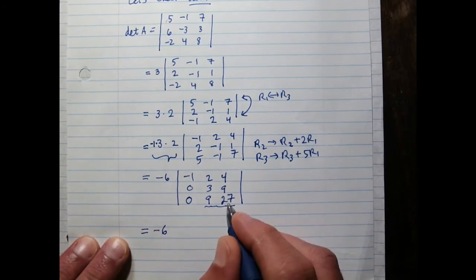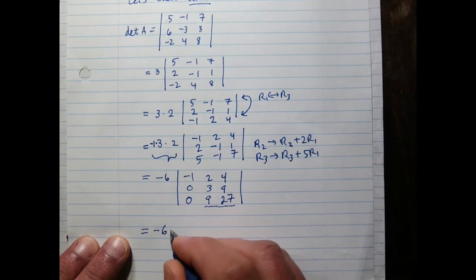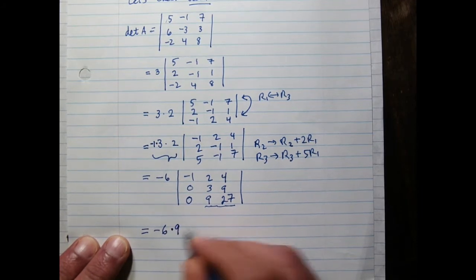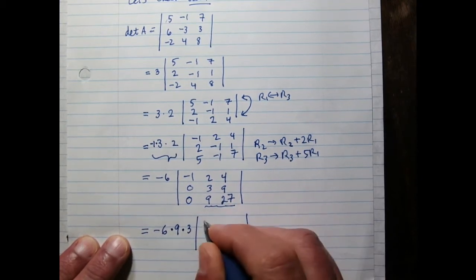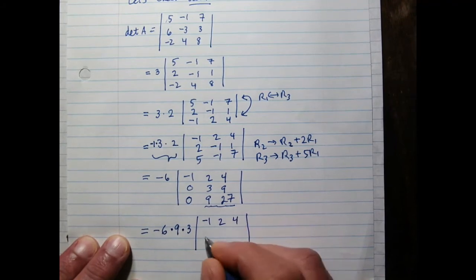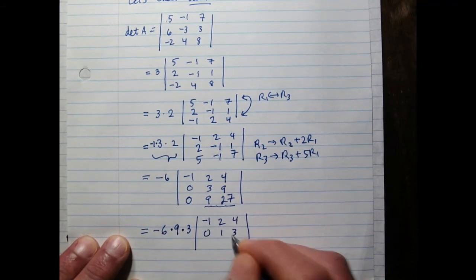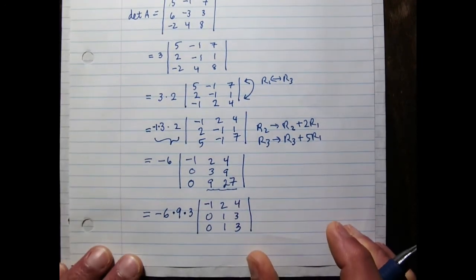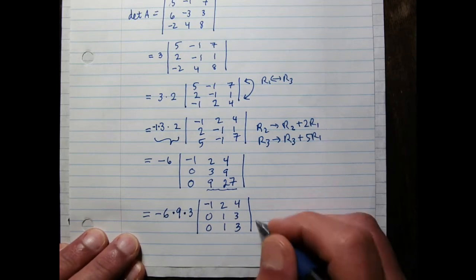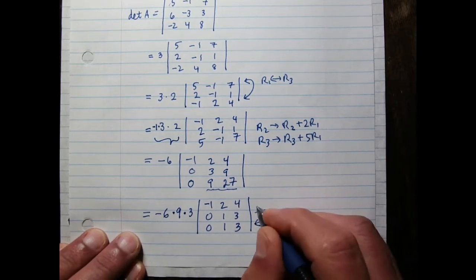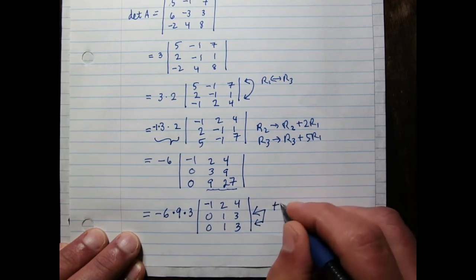Actually, you probably want to factor out a 9. I'm going to factor out a 9 from the third row and a 3 from the second row. So I'll do two things. It's kind of more than I have to do, but maybe that's the easiest way to see this. So I factored out a 3 from the second row, a 9 from the third row, and notice I have two identical rows.